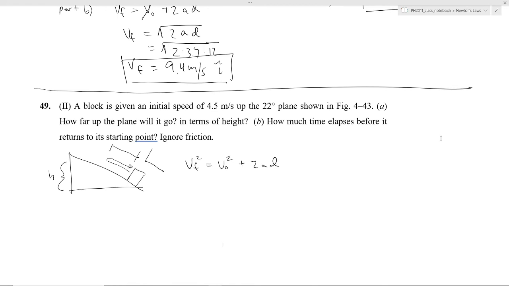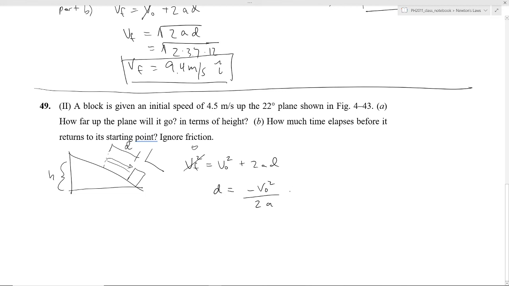So we can find how far up it's going to go by recognizing that's going to be where this velocity goes to 0. So it's going to get up to here, and it's going to stop for a moment. So we have an initial velocity. We know what the acceleration is. We can then just solve this for d: negative v naught squared over 2a.